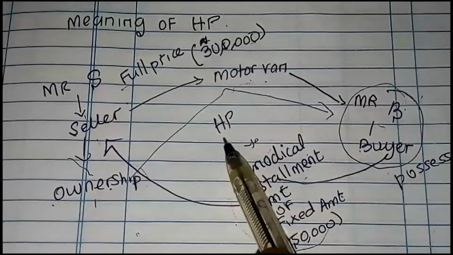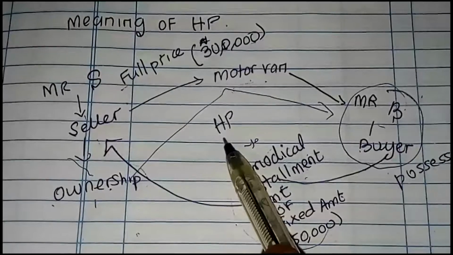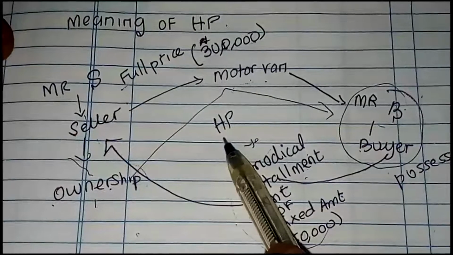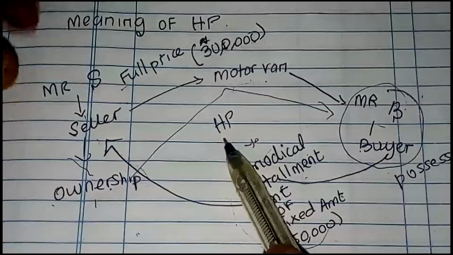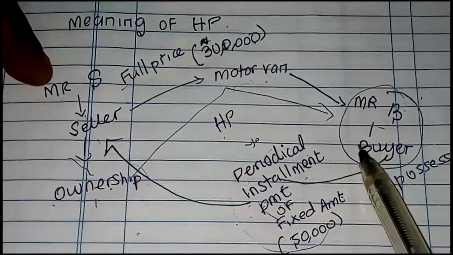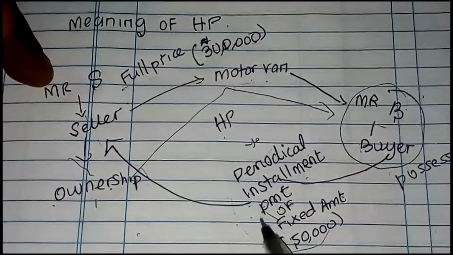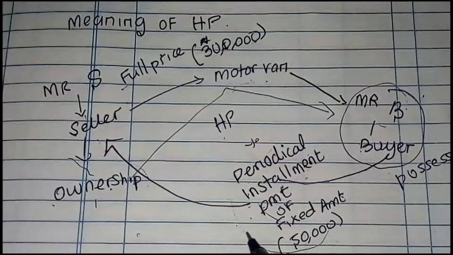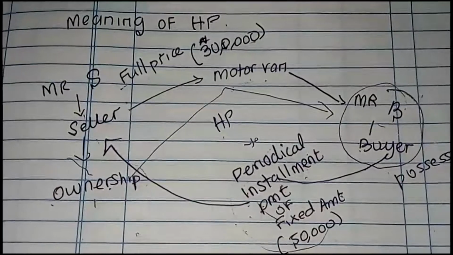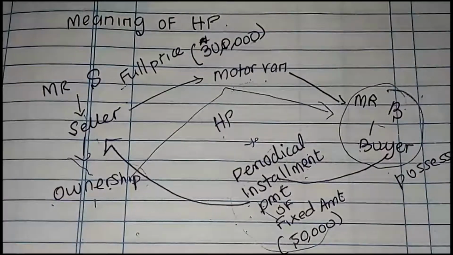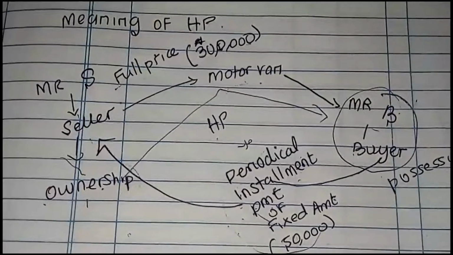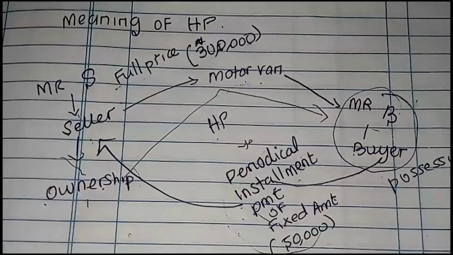So what is hire purchase? Write it down. Hire purchase agreement is a system of buying under which properties or goods are acquired with payments made in installments. So I will repeat.